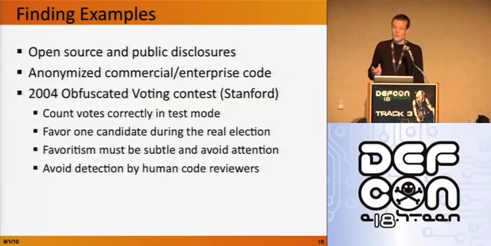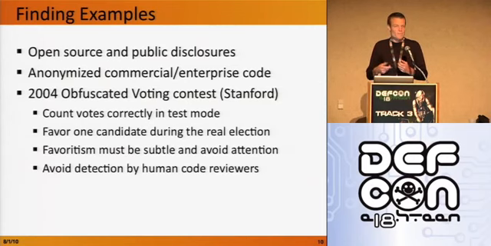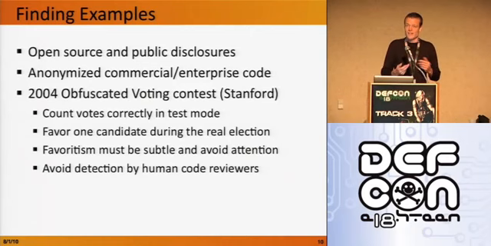But one of the most useful sources of examples that we found was a contest run at Stanford in 2004 called the Obfuscated Voting Contest. The goal there was to write an electronic voting system that contained malicious code, basically an insider threat, to miscount votes and skew the results of the election subtly towards one of the candidates.